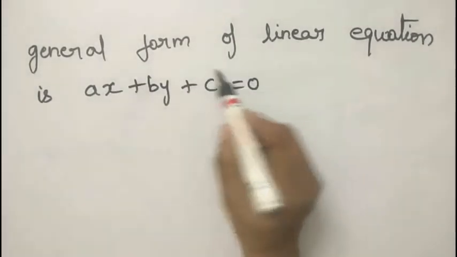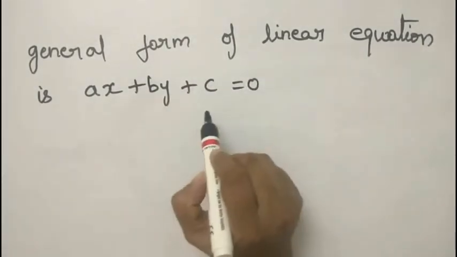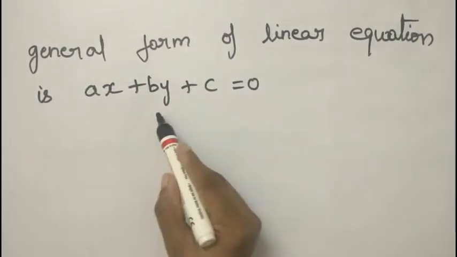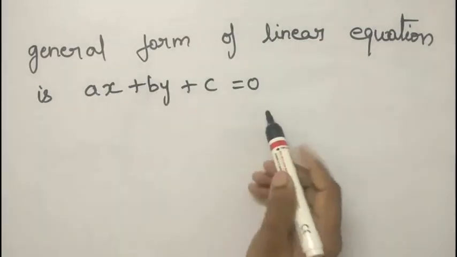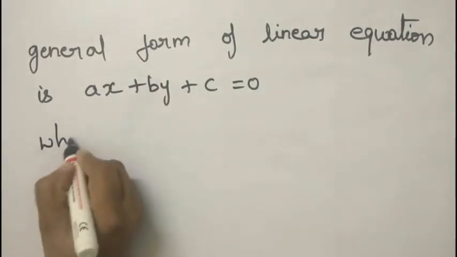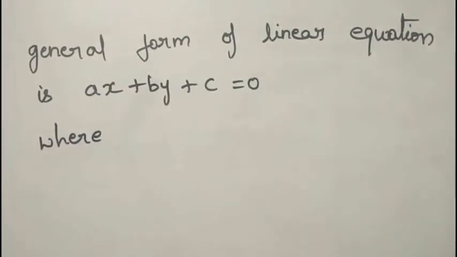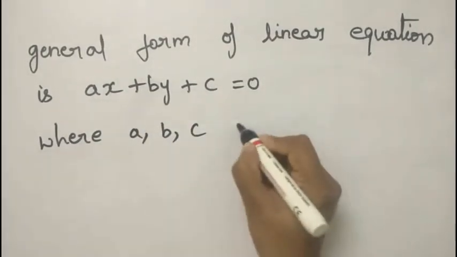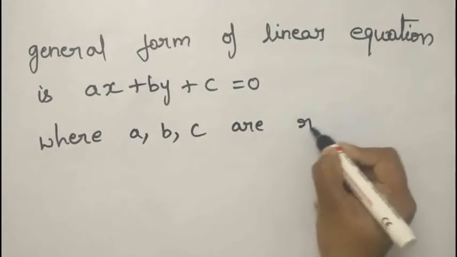This is the linear equation in two variables. The general form of a linear equation in two variables is ax plus by plus c equal to 0, where a, b, c are real numbers.